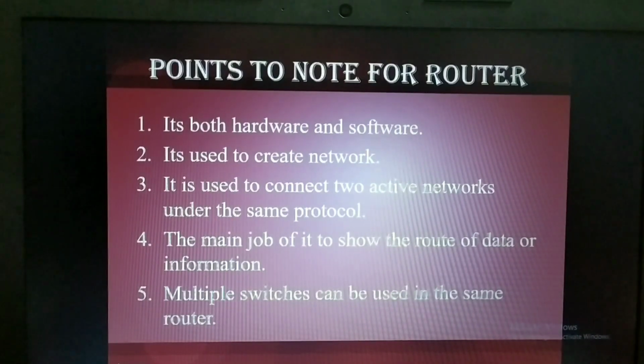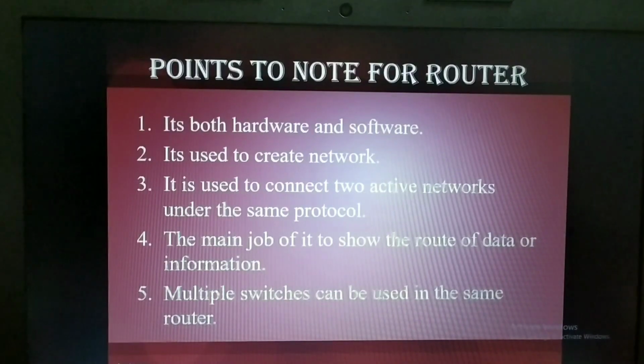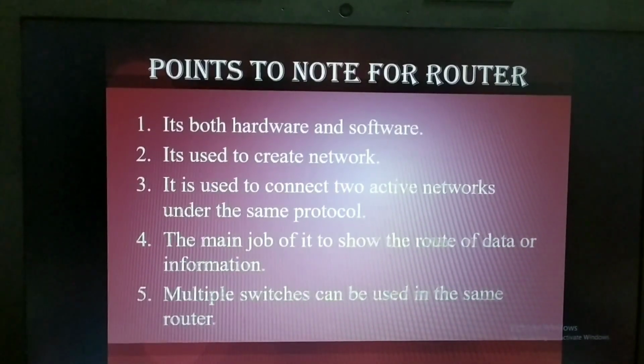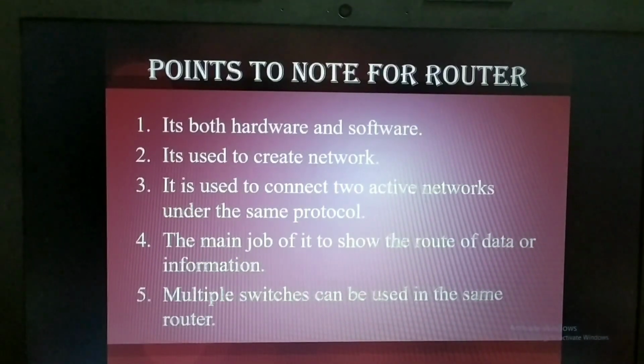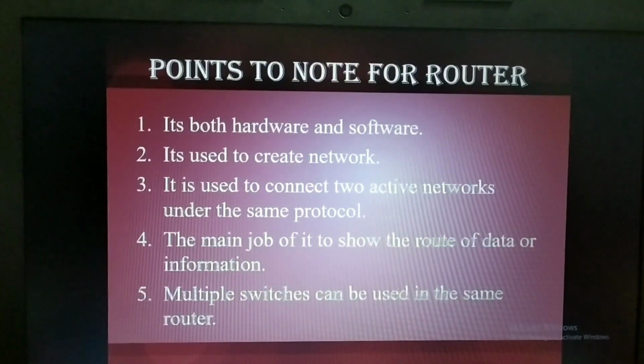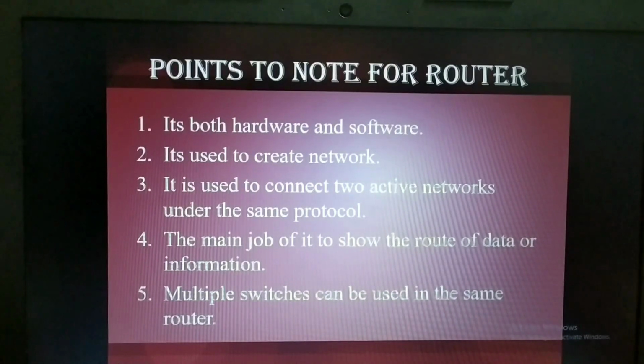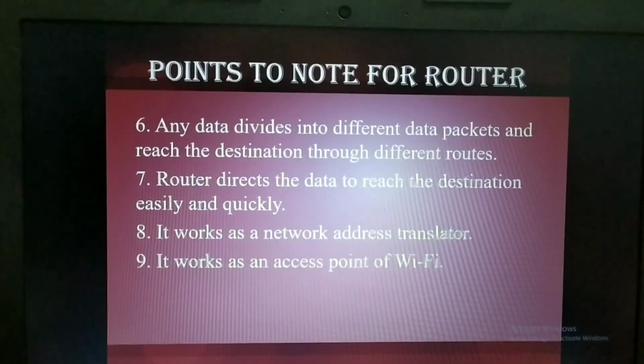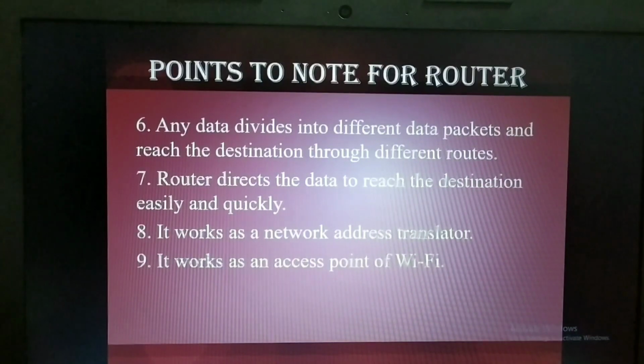Okay. Then multiple switches can be used in the same router. That means, as we already know, a switch and a hub are used to create network. So lots of networks are created. All these network connections can be connected by router to another network. Okay, any data divides into different data packets and reaches the destination through different routes.